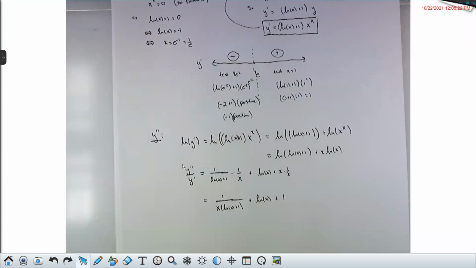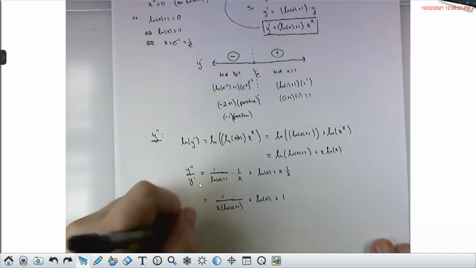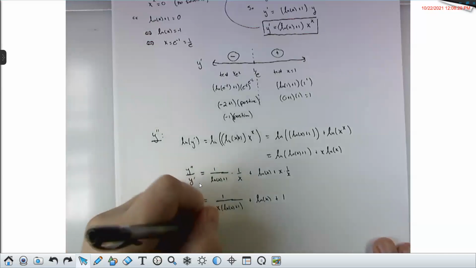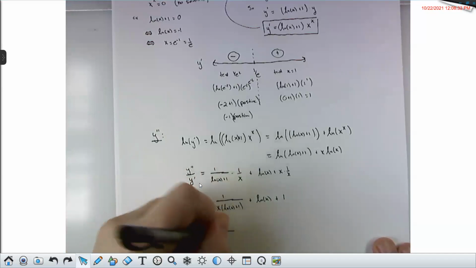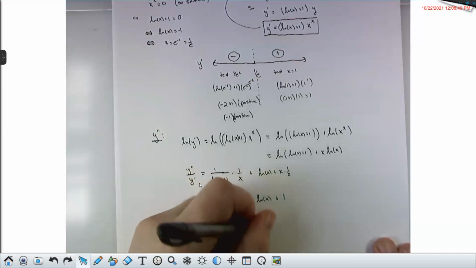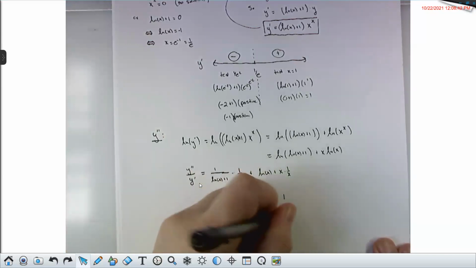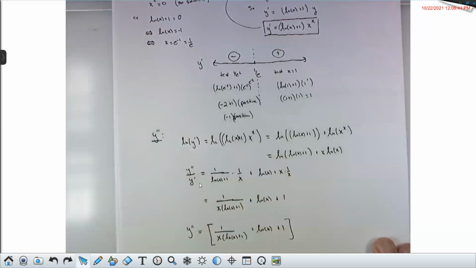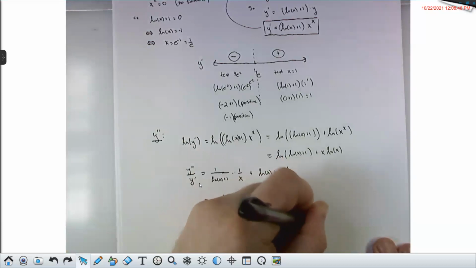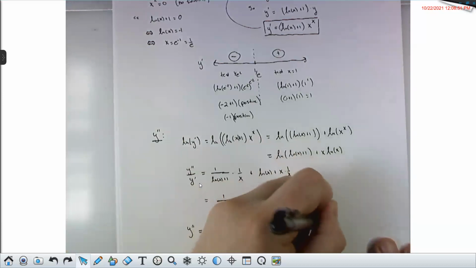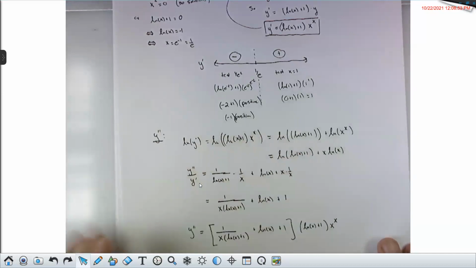And then if I want to recover y double prime from this, I would multiply both sides by y prime. So this is going to be 1 over x times the ln of x plus 1, plus ln x plus 1, times y prime, which we know is ln x plus 1 times x to the x.